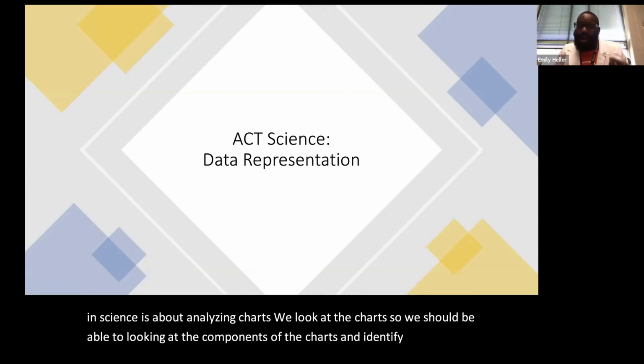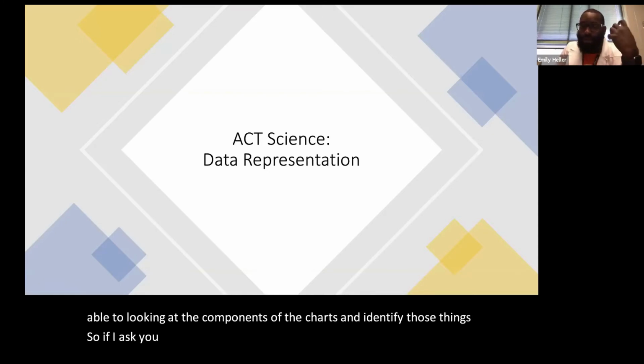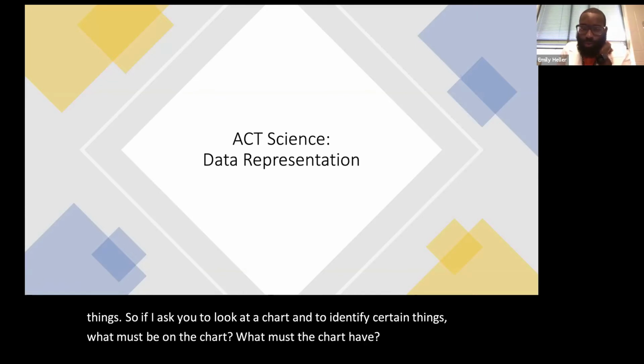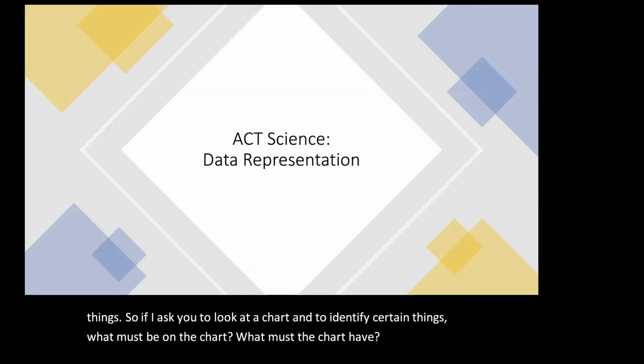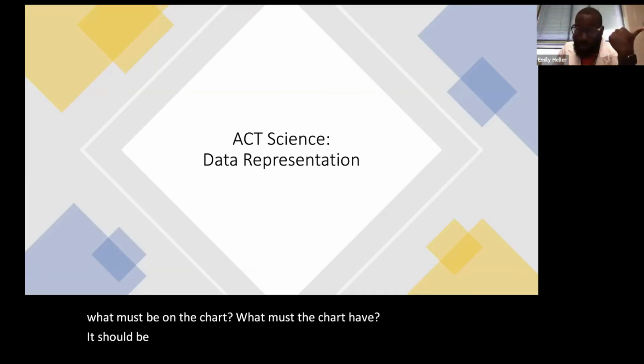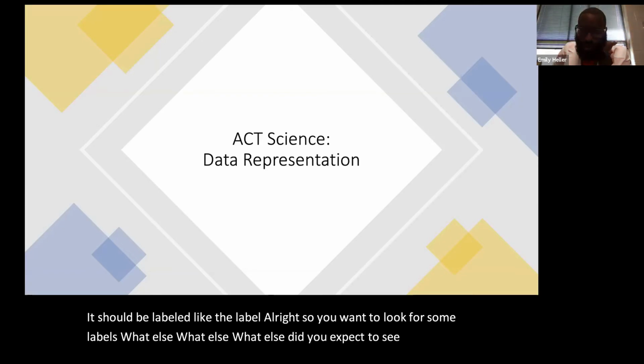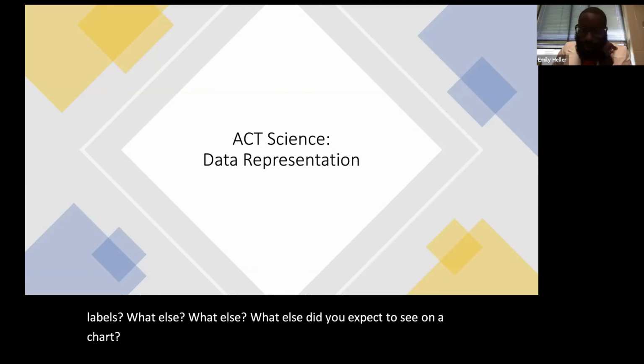So if I ask you to look at a chart and to identify certain things, what must be on the chart? What must the chart have? It should be labeled. All right. So you want to look for some labels. What else did you expect to see on a chart? What would the label say?